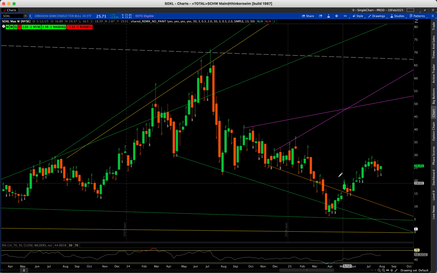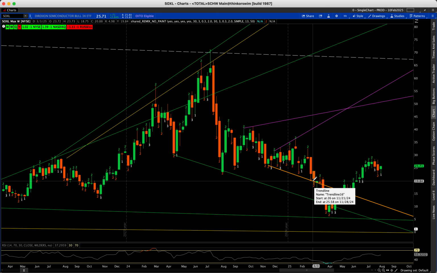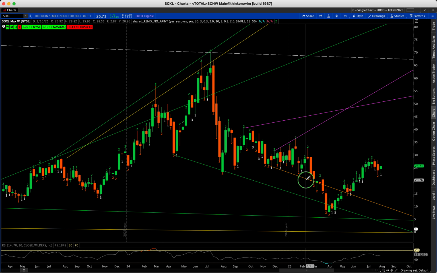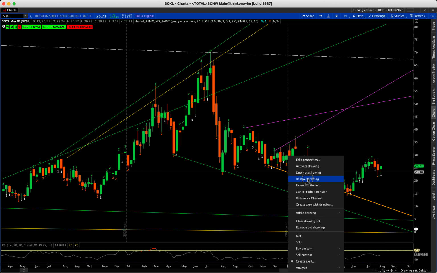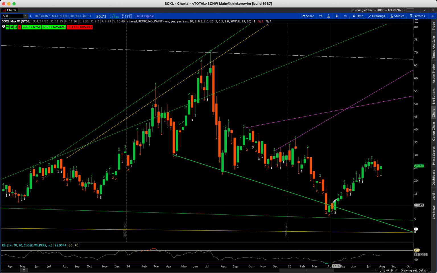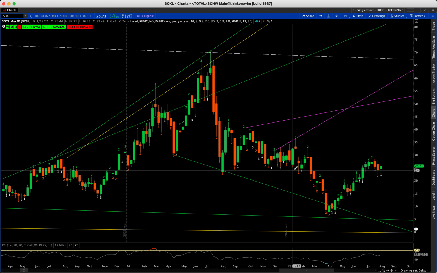Now there were certain things that happened out there that triggered that. We don't get into political views, but that triggered that, and we could mark it, but we're going to go ahead and remove it because price action went so heavily below it, and there's probably going to be a better one for us out there.